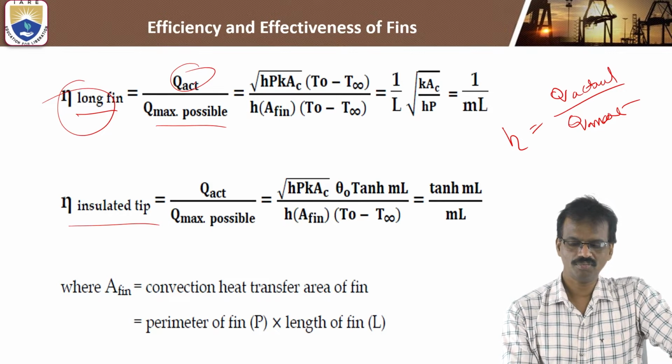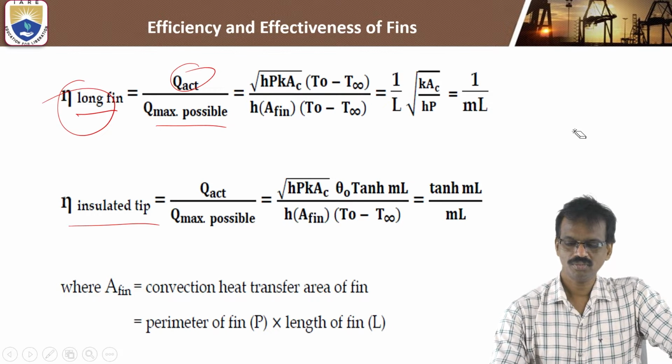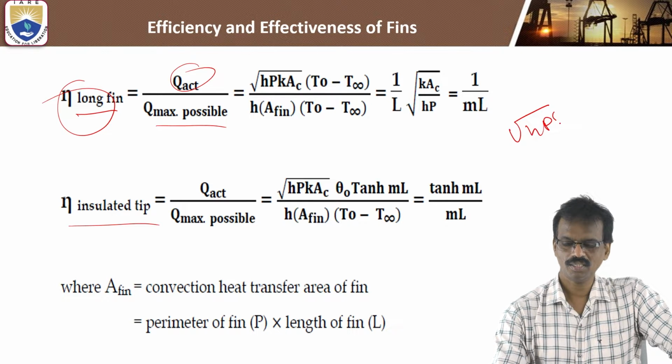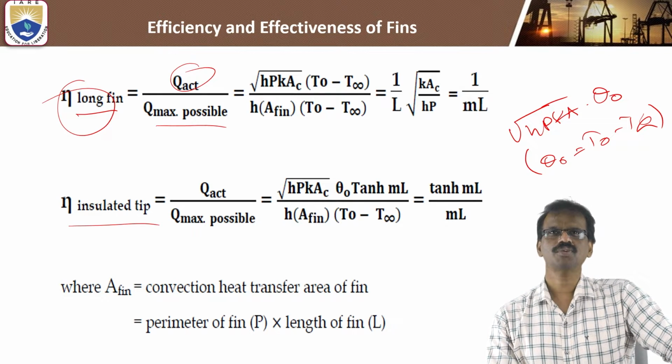The formula is equal to the square root of h P k A into T naught minus T infinity. It means square root of h P k A into theta naught, where theta naught is nothing but T naught minus T infinity. So this is the actual heat transfer for the long fin.